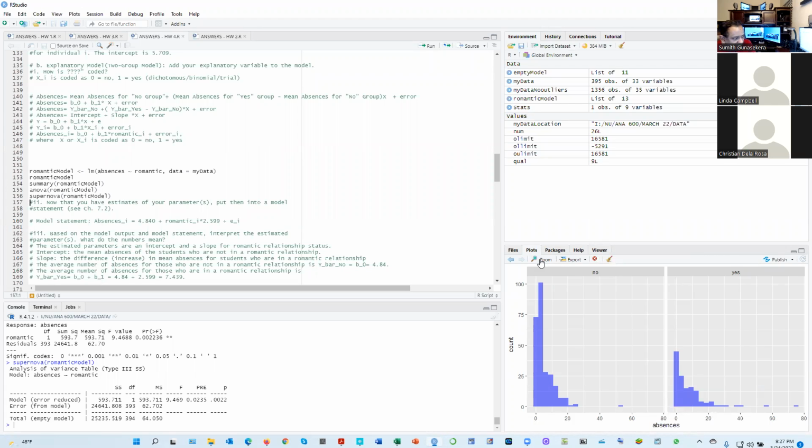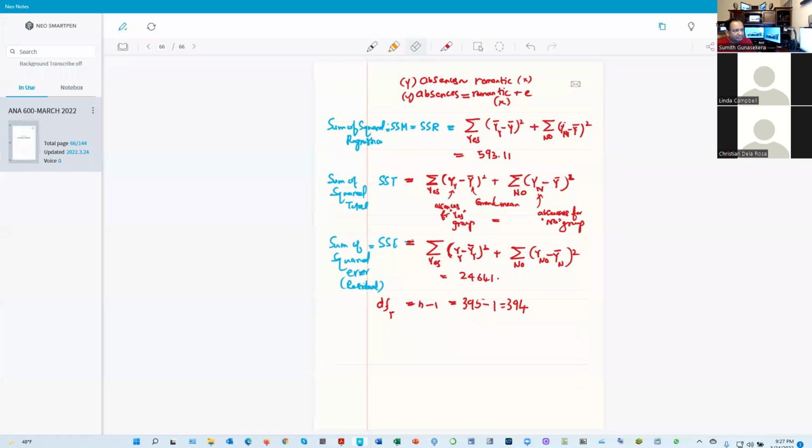If you add those two, that will add to the total. Total is nothing but 25,235.519. If you add the SSE to the SSR, that will be SST.